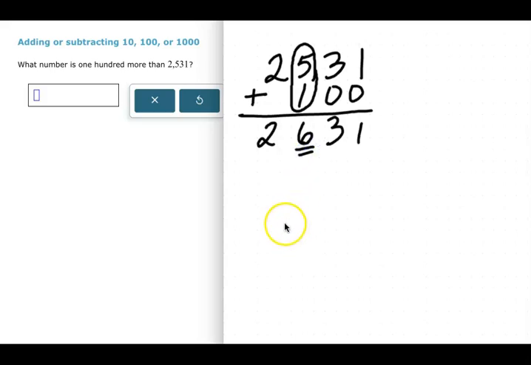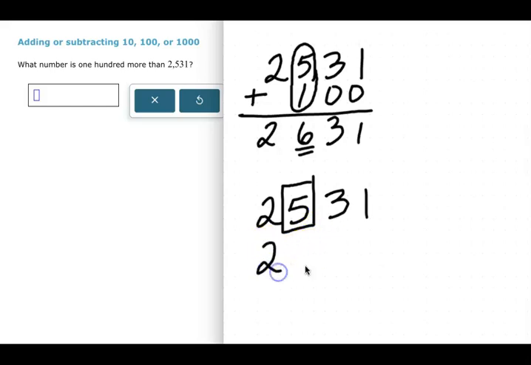Basically what I'm doing is increasing the 100 position by 1, by 100 really. So 2,531, if I am adding 100, I'm going to increase the 100 position. So it's going to go from 2,531 to 2,631.